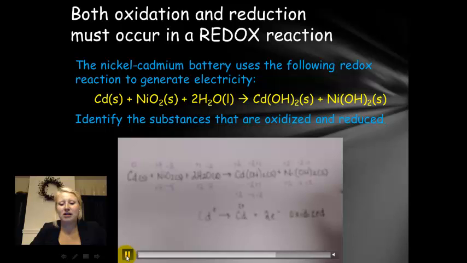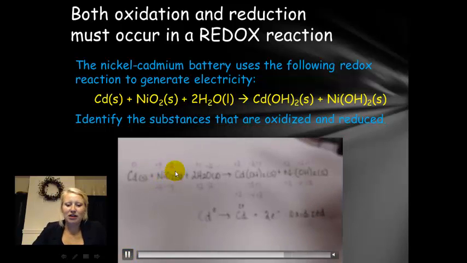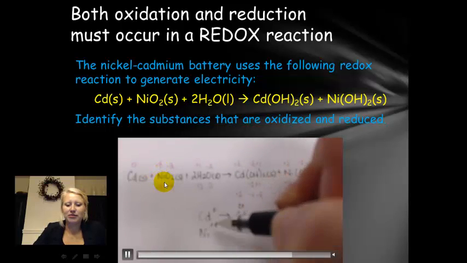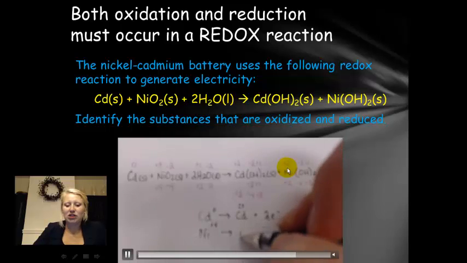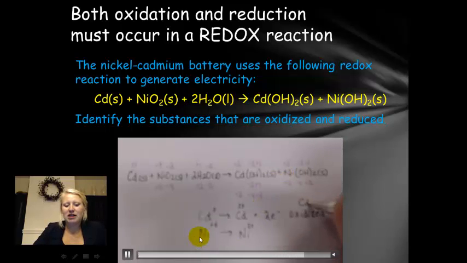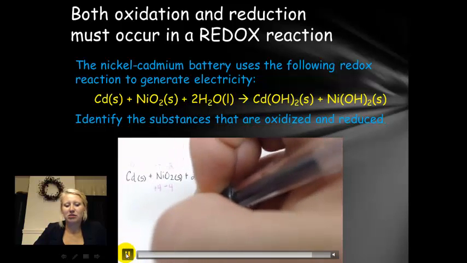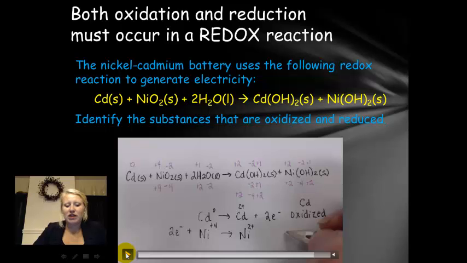Which means the only other thing that changes oxidation number is the nickel. Nickel goes from +4 to nickel +2, which means that nickel must have gained 2 electrons to go from +4 to +2. So that means that the nickel oxide is reduced.